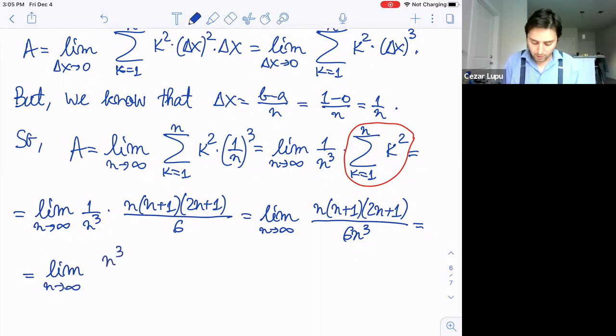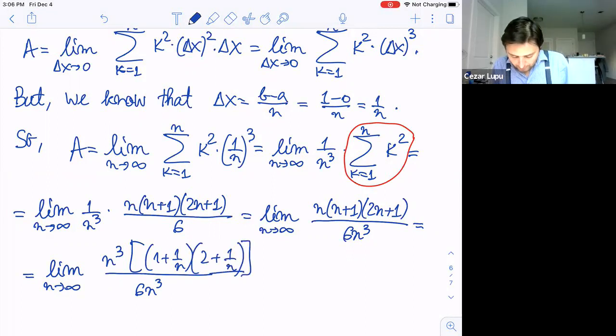So I have here n cubed times n cubed over 6n cubed, and this would be times 1 plus 1 over n, times 2 plus 1 over n.